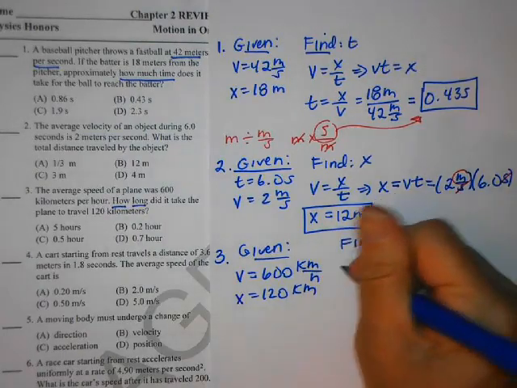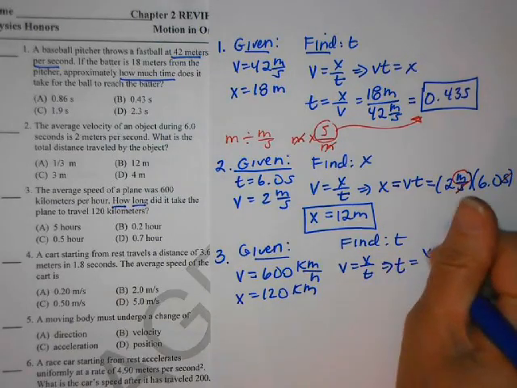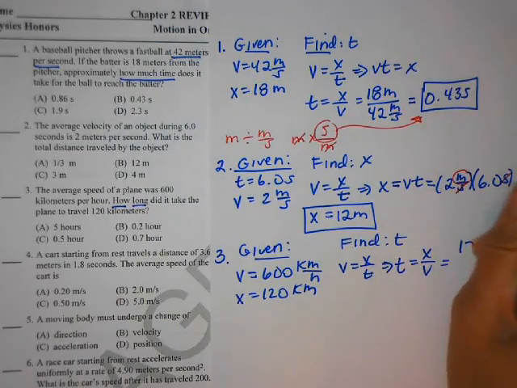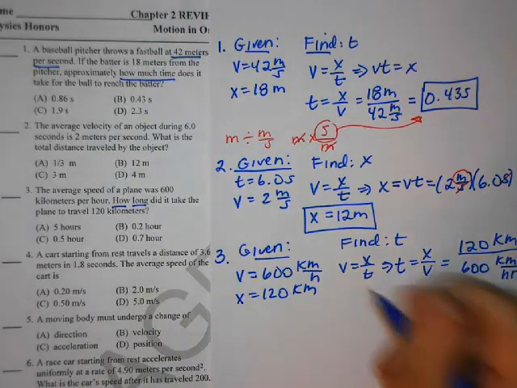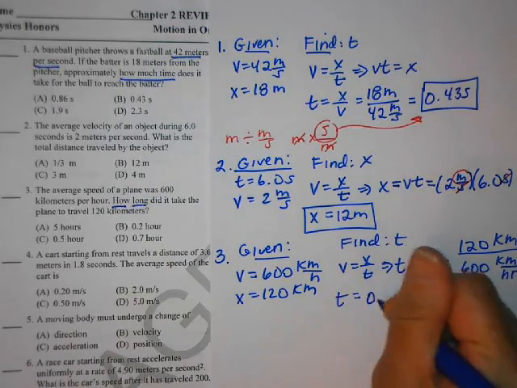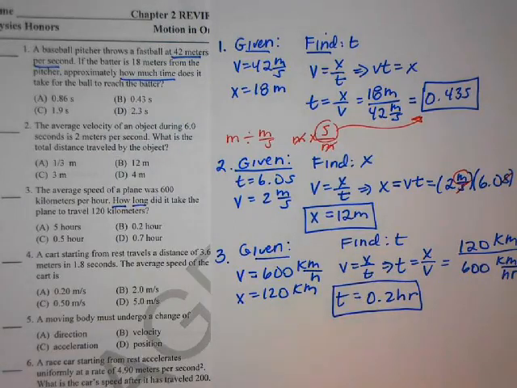So we know that V is equal to X over T. So T is X over V. So 120 kilometers divided by 600 kilometers per hour. And on our calculator, T comes out to be 0.2 hours. Again, I can cancel my units. This cancels with this. And 1 over an hour is an hour.